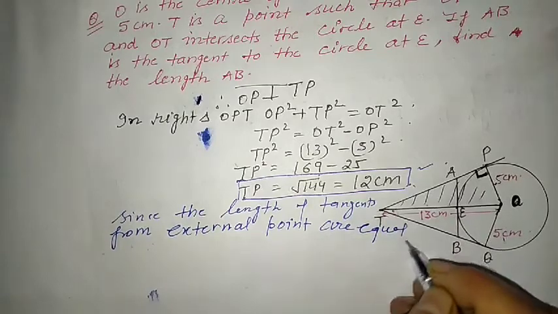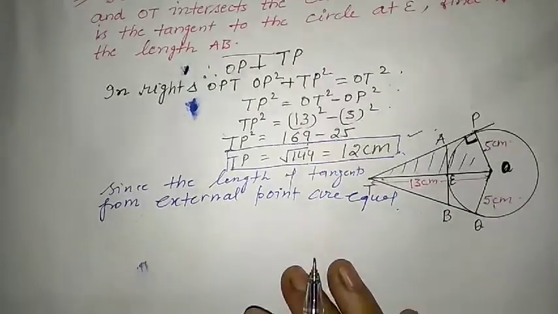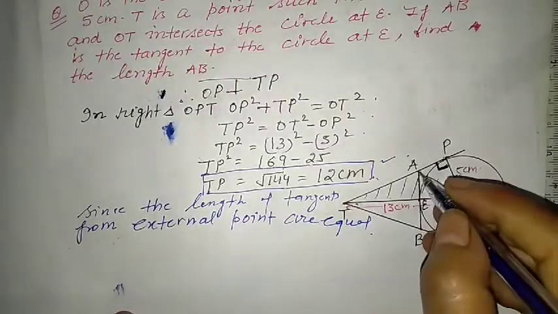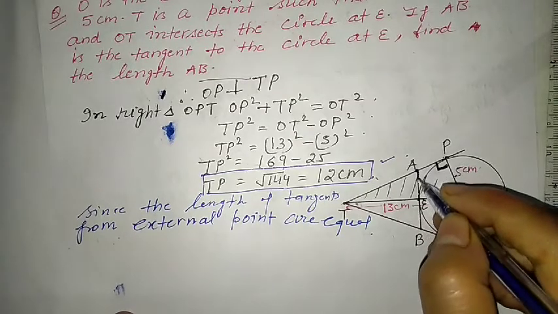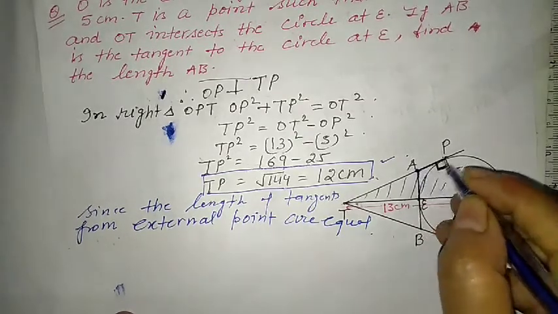Okay, so we will let here, this is the external point, so AE and AP.